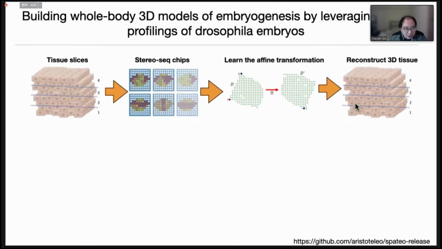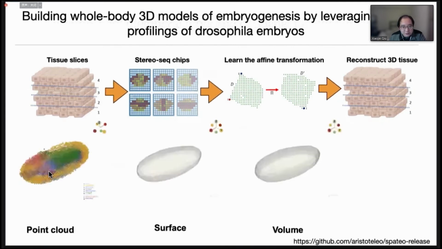Once we align the slices, we can use them to build the whole-body 3D model. Firstly, cells from the same embryo, where the coordinates of each cell are known and annotated with different cell types, shown as different colors here.